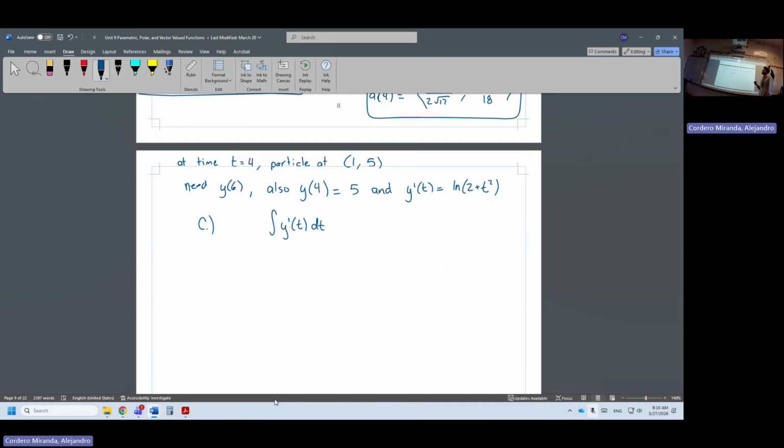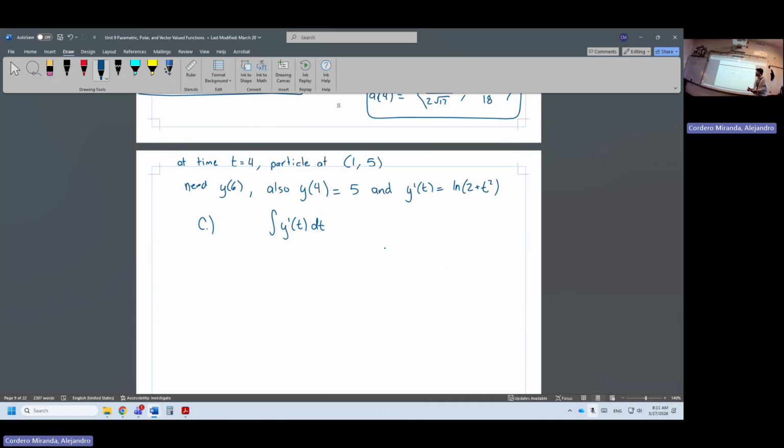Okay. Yeah, right idea. Guy saying take this antiderivative, plug in. Oh, wait, hang on, you're missing a step. Because what I thought you were saying is take the antiderivative of this, you'll get blah blah blah plus c, use y of 4 equals 5 to get the c value, and then plug in 6.